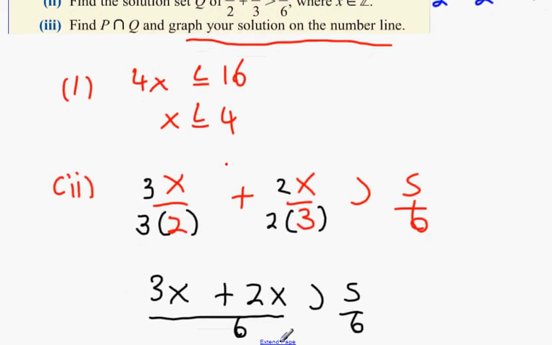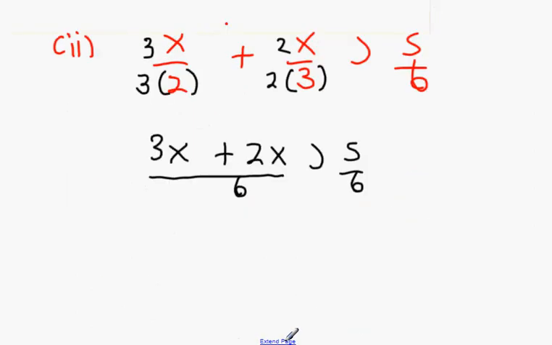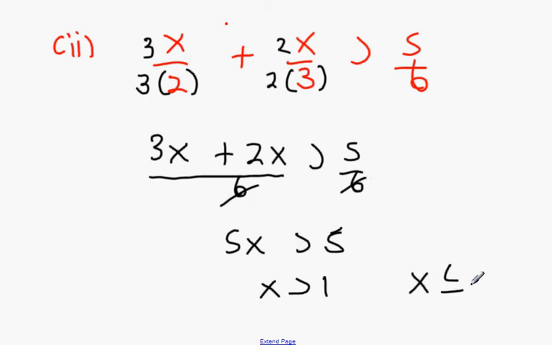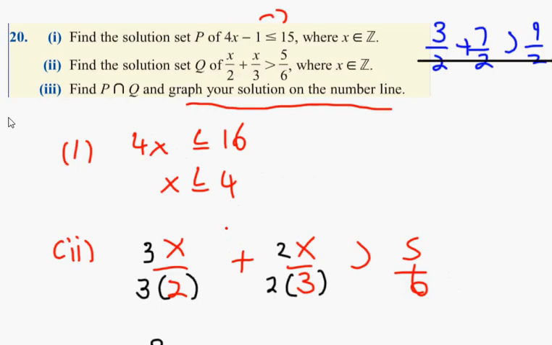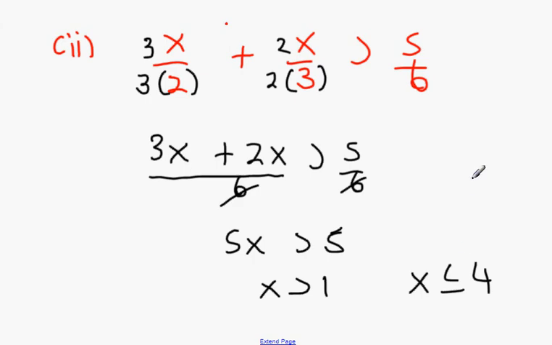Okay? And now what we know here is that we know that 5x is greater than 5 because both 6's cancel out. X is greater than 1. My two questions now are x is greater than 1, x is less than or equal to 4, and all of this is an element of Z.